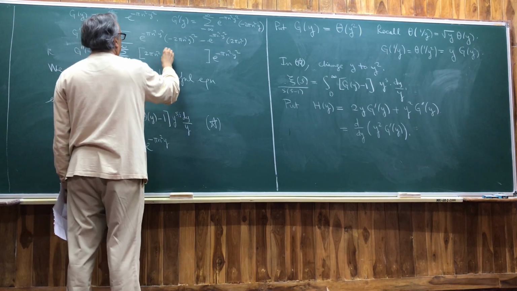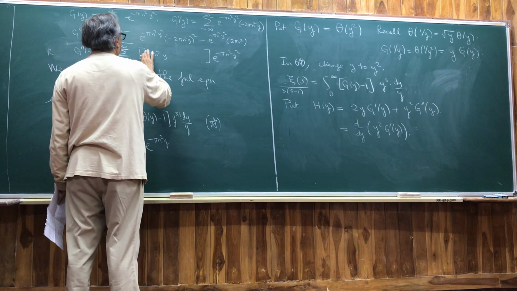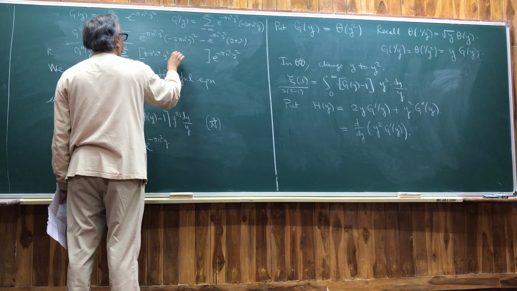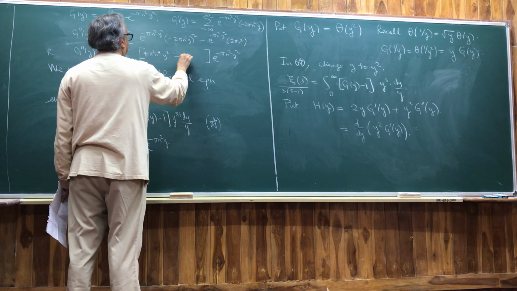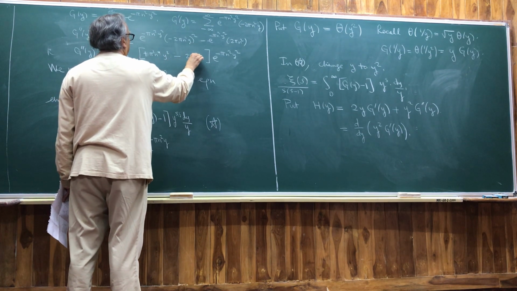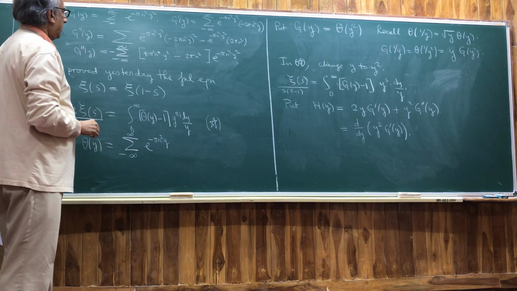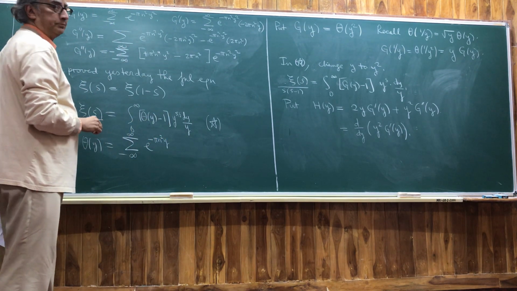Sorry, 2 pi n squared y squared, so it's what, 4 pi squared. Hope everybody's checking my calculations. Looks okay?